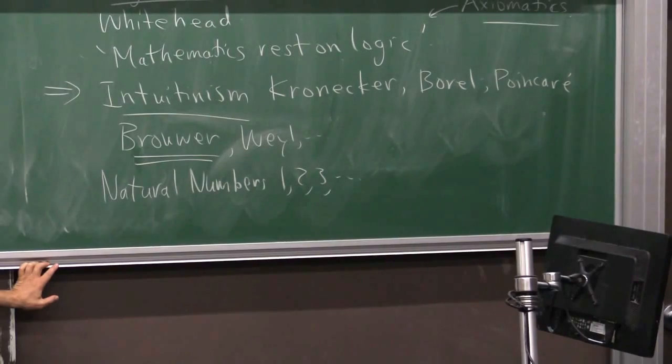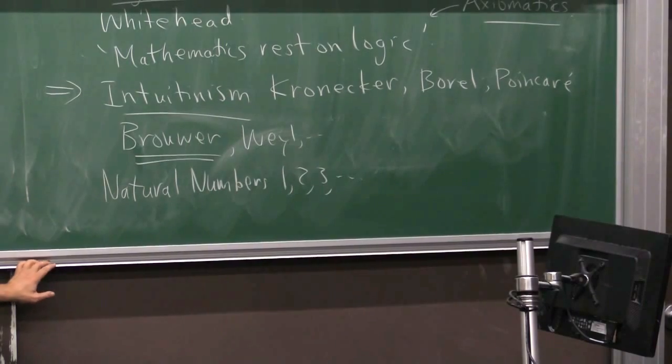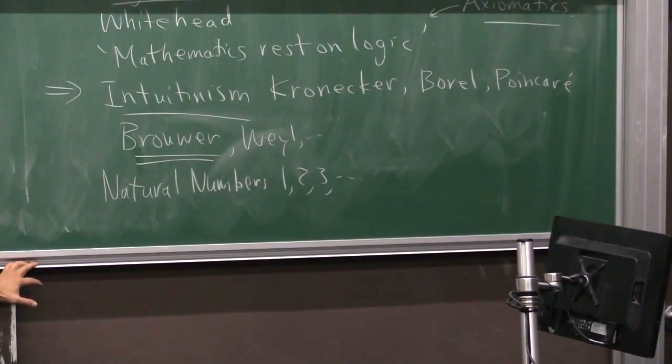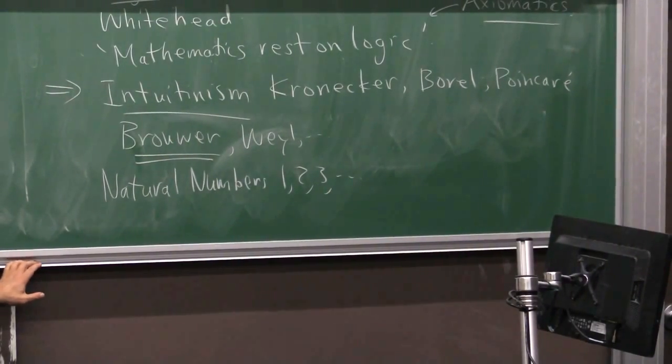So to Kronecker, the numbers 1, 2, 3 were sort of God-given, and that was a thing that we can just intuit using our mathematical intuition, and we can't really say more precisely what the natural numbers are. They're just there. But once we accept the natural numbers, then we can build pretty well everything else from the natural numbers.